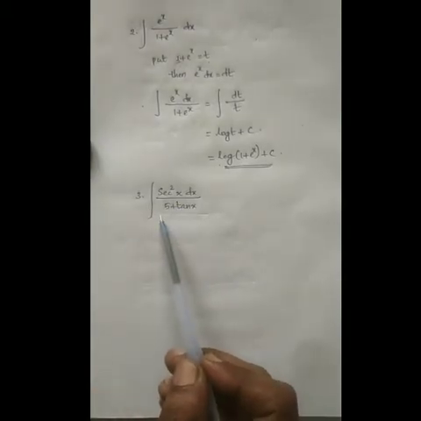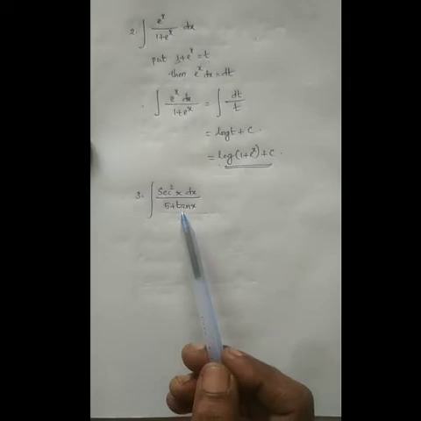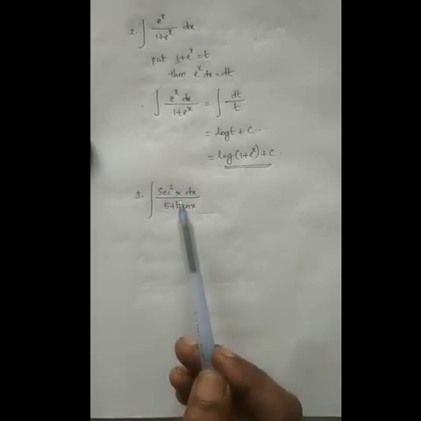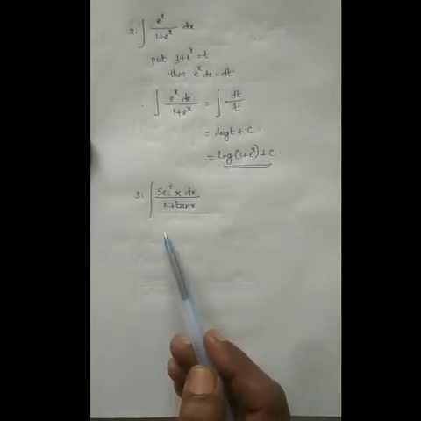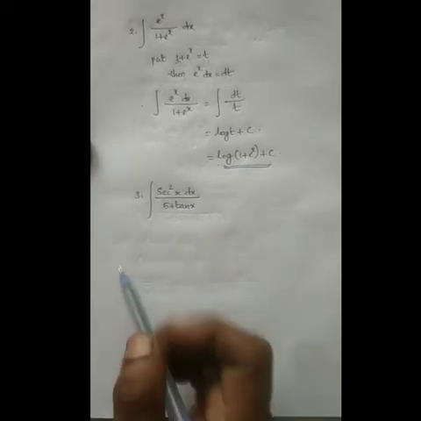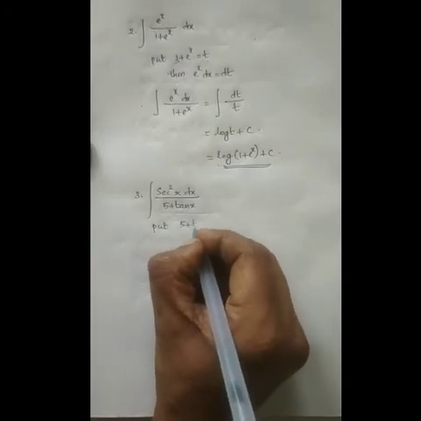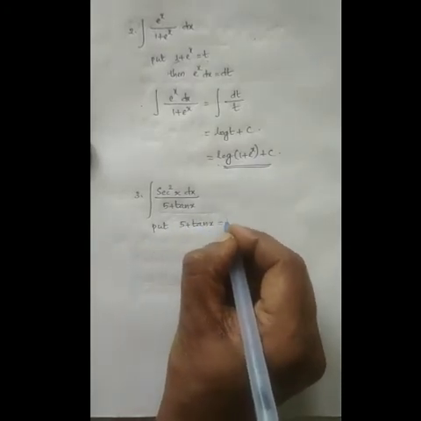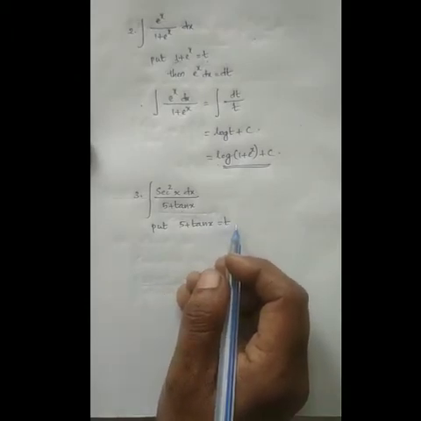Another one, integral of sec square x dx divided by 5 plus tan x. This is also of the form integral of f dash x by f of x, or the numerator is the derivative of the denominator. For integrating this, put the denominator as t. That is, 5 plus tan x equal to t.